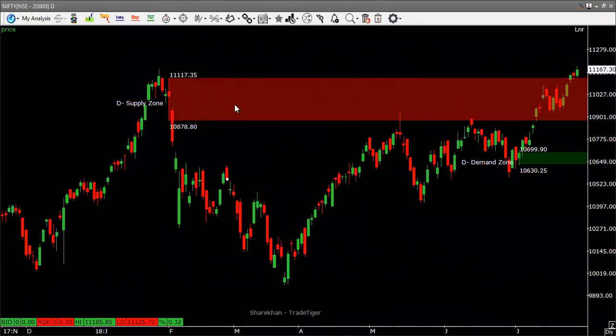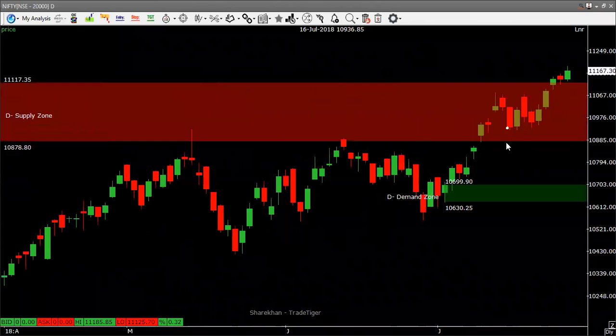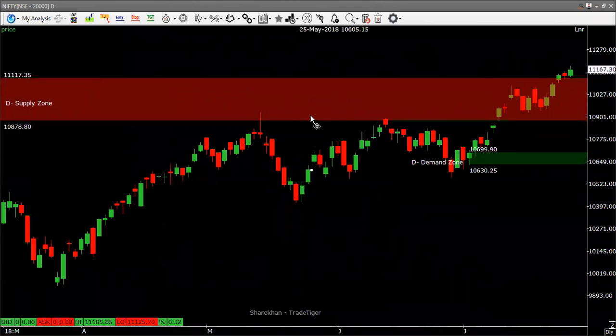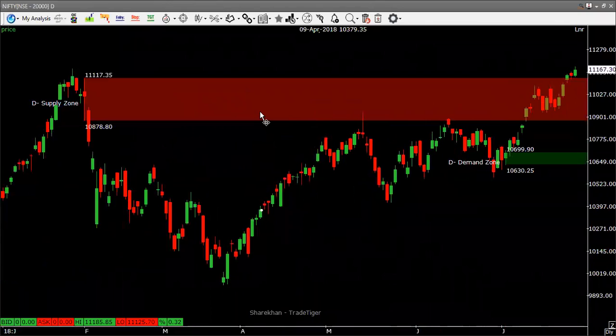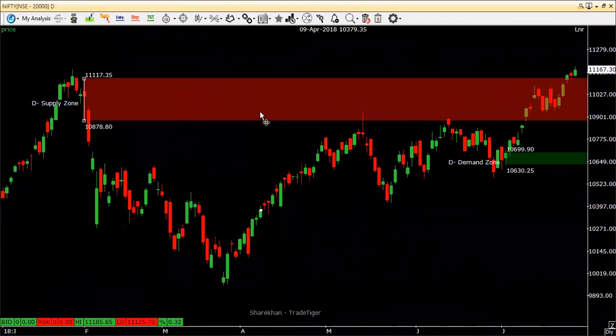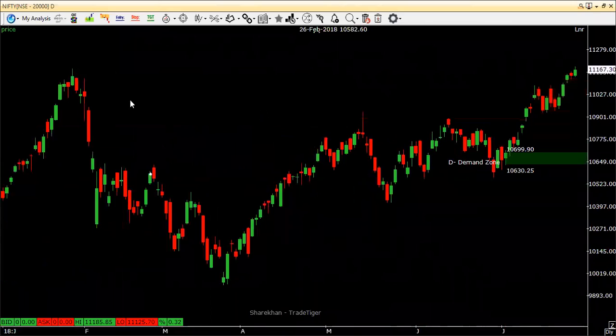And we had this supply zone marked last week, where I had mentioned that we have traded very deep into the zone, and there's a very high possibility that this zone would get violated, and that's exactly what happened this week. So we had this supply zone violated. The supply has been taken off, right? So let's remove this supply zone right now. We don't have the supply zone anymore.